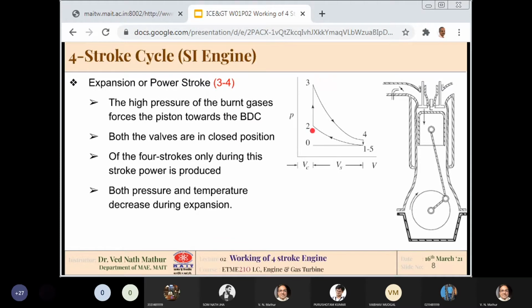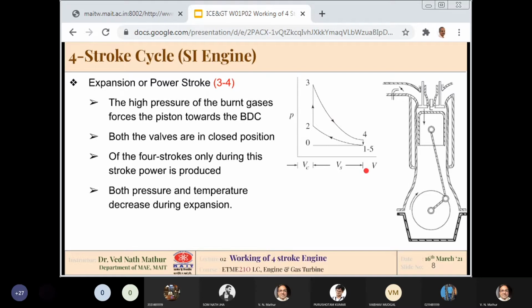Instantaneously means during the entire process of combustion, the piston is not moving. The volume inside the cylinder is VC only. So at this instant, combustion takes place, the entire pressure rise and temperature rise take place when the volume in the cylinder is VC, and then after that, the piston starts moving because of the power stroke in process 3-4.